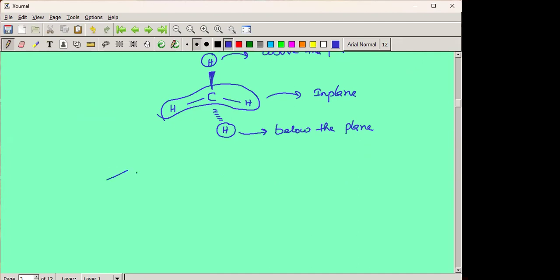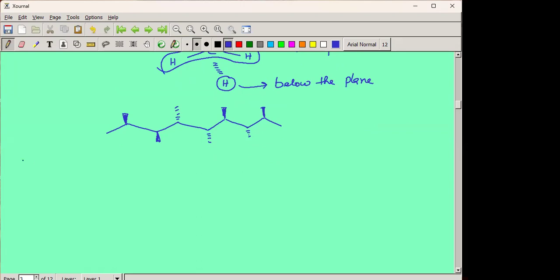For example, if we represent like this, we can also represent it like this. This is considered a zigzag representation. So those are the different kinds of representation. This is the first kind, that is the wedge representation.